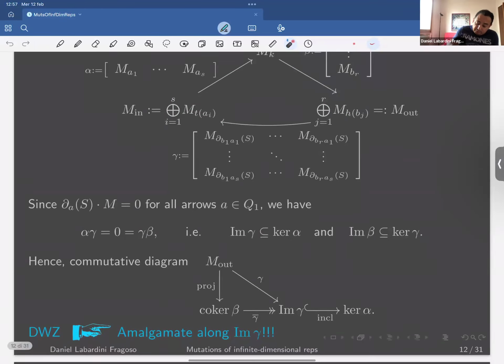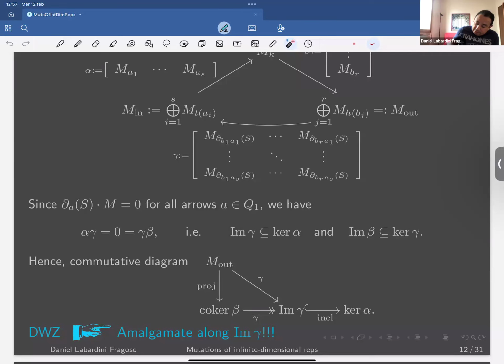But in that case, we have the following. Of course, we have the inclusion of the image into the kernel of alpha. And because of this containment, we also have that gamma induces a linear map that goes out from the co-kernel of beta. There's an induced map because of this.